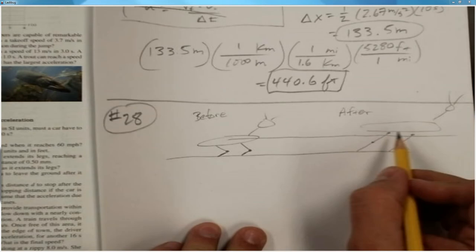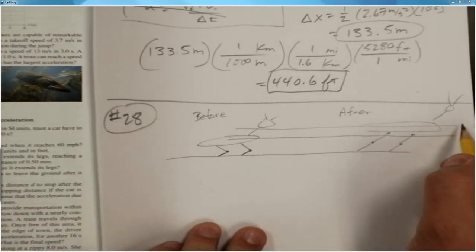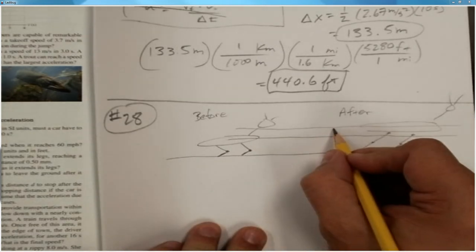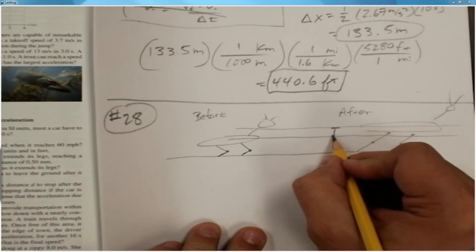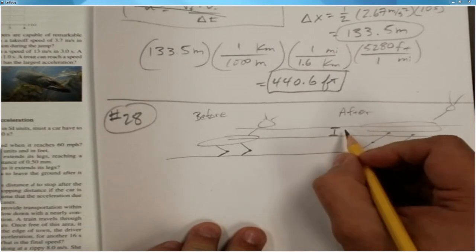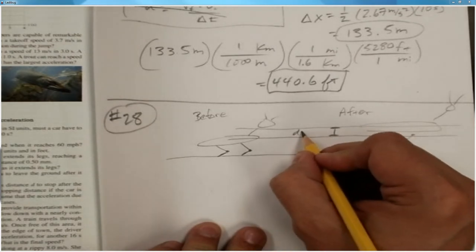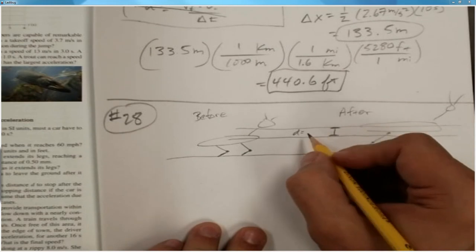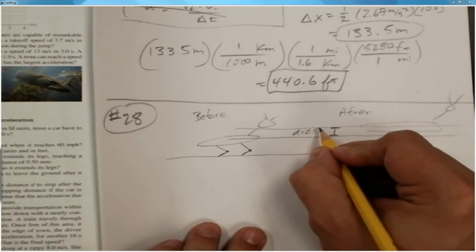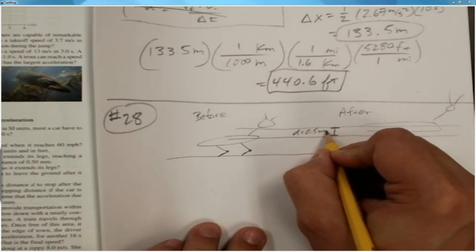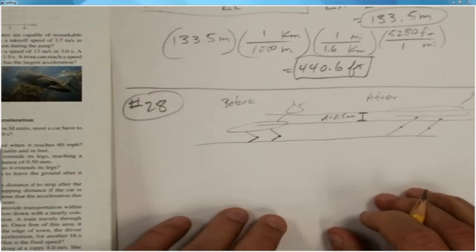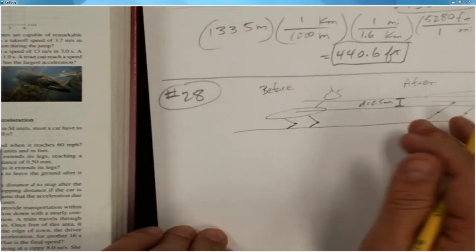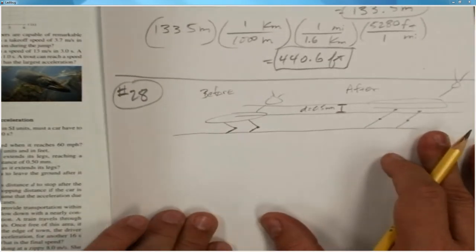So if this is the height of his body here, and this is the height of his body here, then this distance here is going to be d equals 0.5 millimeters. So that's my picture to help me understand what's going on in this problem.